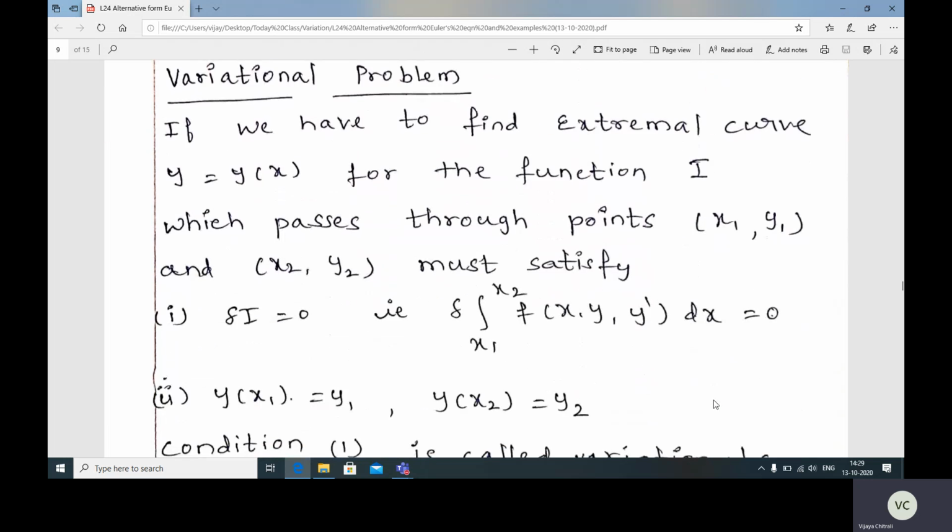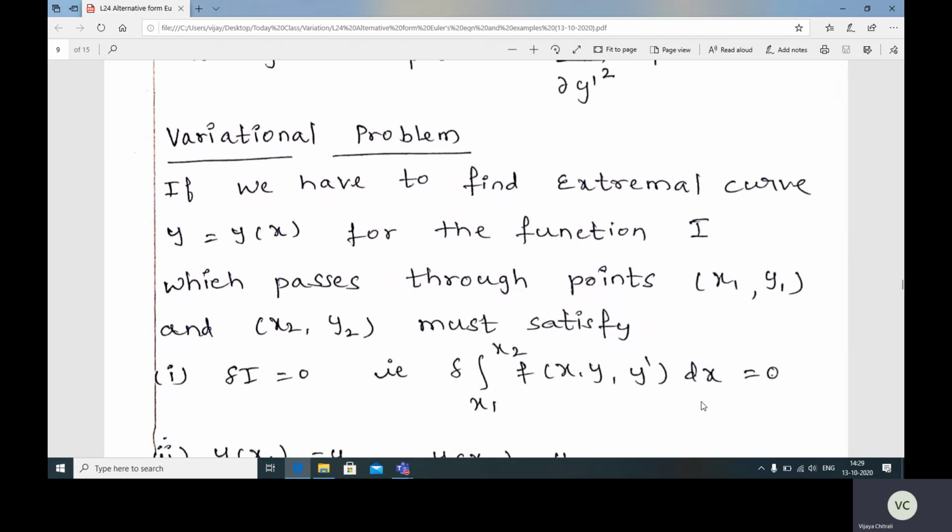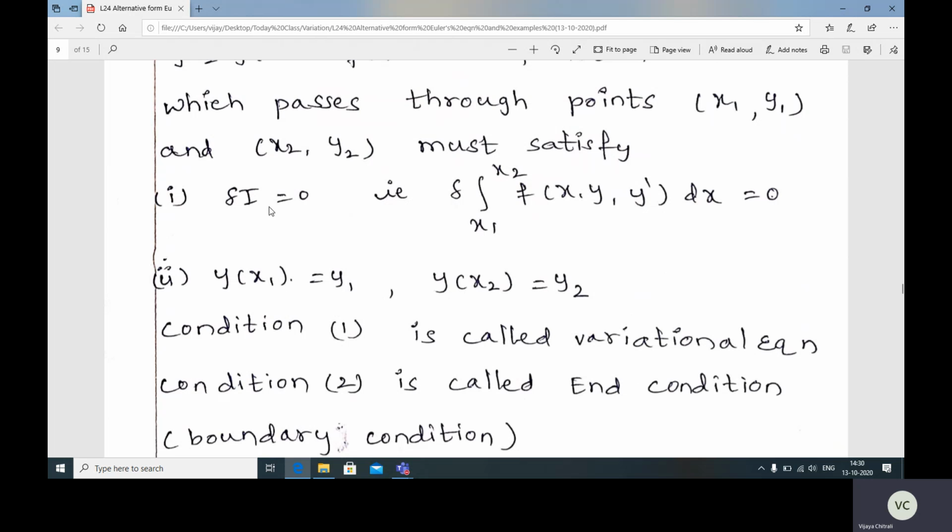So this will be the required solution. Now before solving examples, first, what is a variational problem? Here we have to find the extremal of the curve y is equal to y of x for the function I, which passes through the points (x1, y1) and (x2, y2), and this must satisfy the following conditions. Condition 1 will be delta I is equal to 0. What is I?